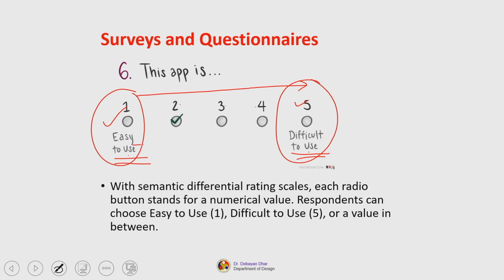So, from easy you move towards difficult, right. These are called semantic differential scales that we have discussed earlier, and these are rating scales, and each radio button stands for a numerical value. So, respondents can choose easy to use, which is 1, or difficult to use, which is 5, or a value in between. This is how you convert a qualitative response into quantitative data.